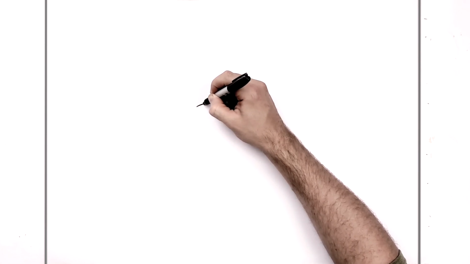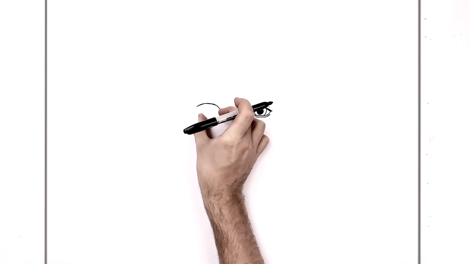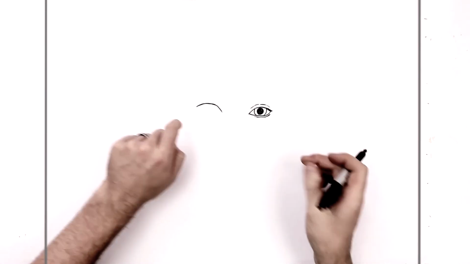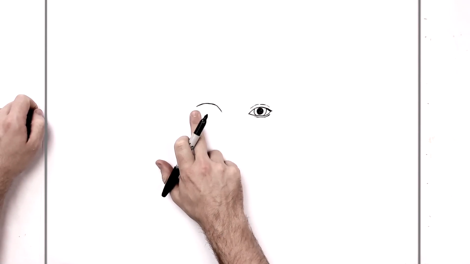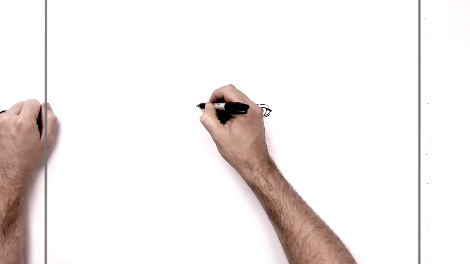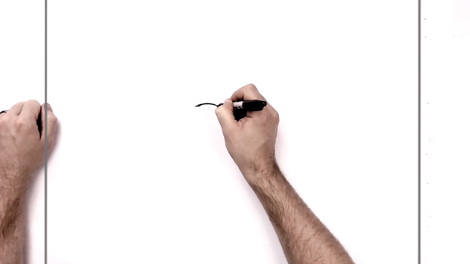Right. So you'll see, compared to this eye, it's a little bit bigger. Not much, but just slightly bigger. Just this end comes down a bit further. And then we'll go eyelashes again. And just thicken this up a little bit.